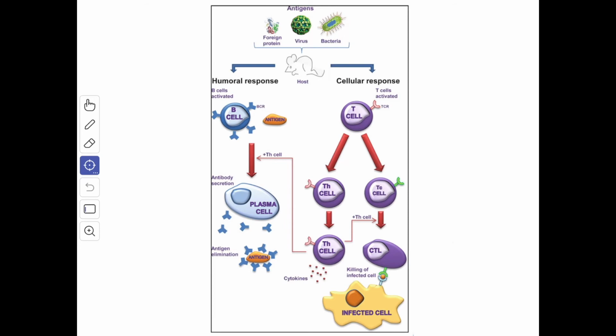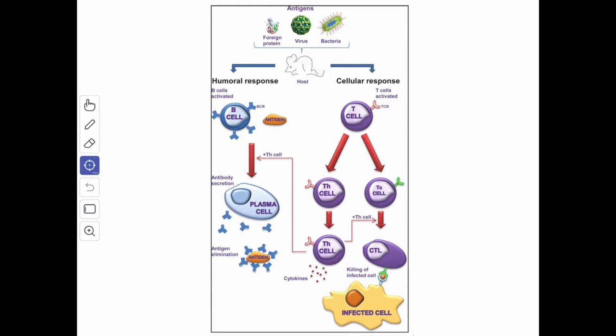The third group is the helper T cells, or TH cells. They play a rather indirect role in stimulating the production of antibodies by B lymphocytes. When a macrophage ingests an antigen, some products of antigen breakdown pass to the cell surface.